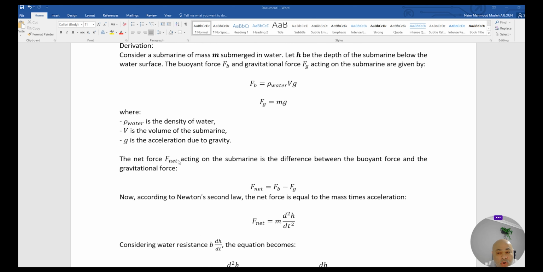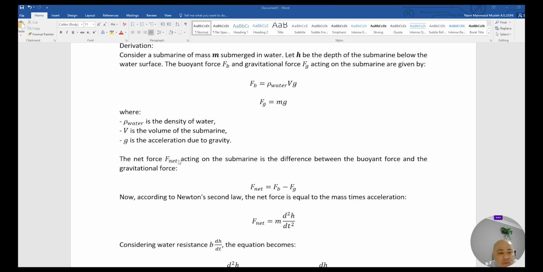Now we can look at how the net force is made of these separate forces. We can say that the net force is the difference between the buoyancy force and the gravitational force, represented as F net equals Fb minus Fg.